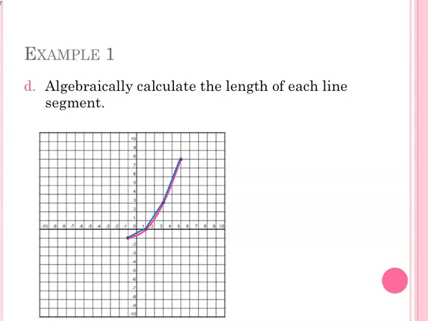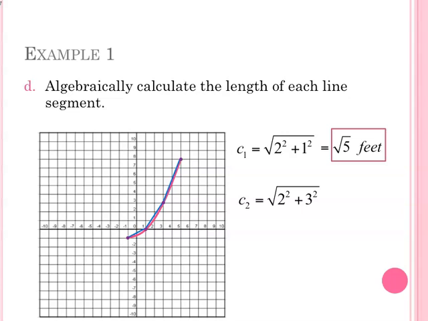If you were trying to calculate the length of that line, you can think of it as using the Pythagorean theorem to figure out what that length would be. So let's do that for each line segment. I'm going to call this first line segment C1. So this is 2 squared plus 1 squared, take the square root, that's the square root of 5.